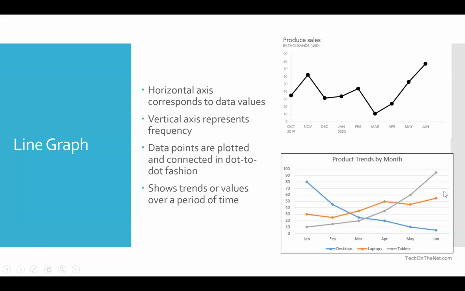And then laptops have kind of been an up and down trend. Okay, so you can begin to see patterns there. Again, the line graph is kind of a combination of qualitative and quantitative.